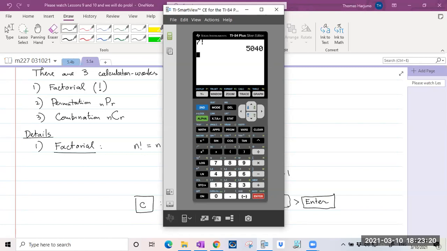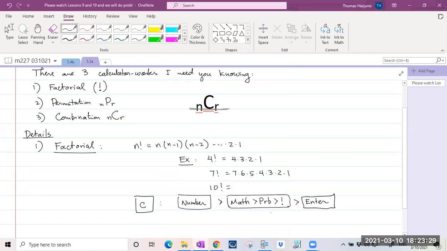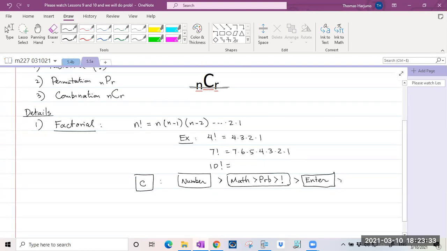So 7 factorial is 5040. Actually only once enter. I'm sorry.